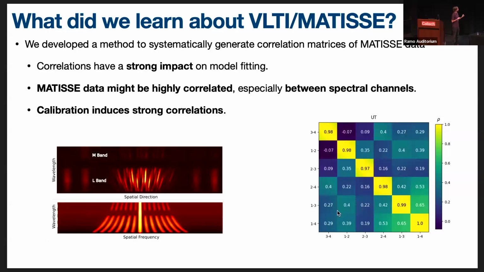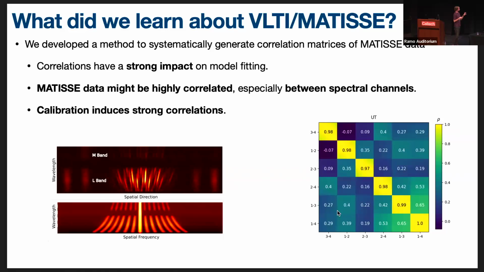So what we found with MATISSE is that correlations have a very strong impact on model fitting, and that especially for exozodiacal dust, we really need to take them into account. That MATISSE data and interferometric data in general is highly correlated, especially between spectral channels. This is also something that was found for another instrument at the VLTI, which is called GRAVITY.